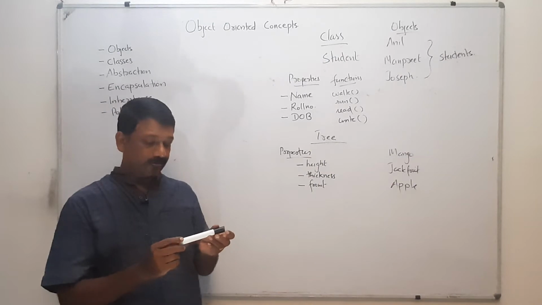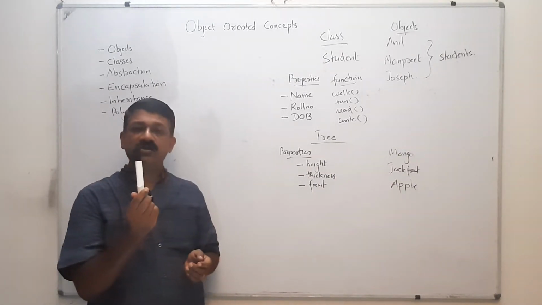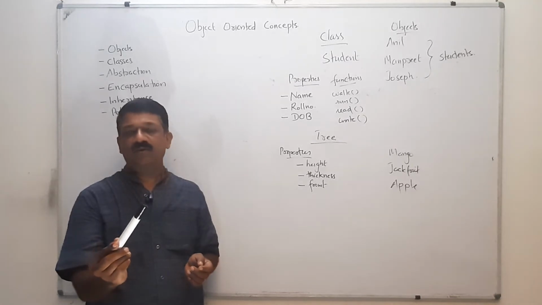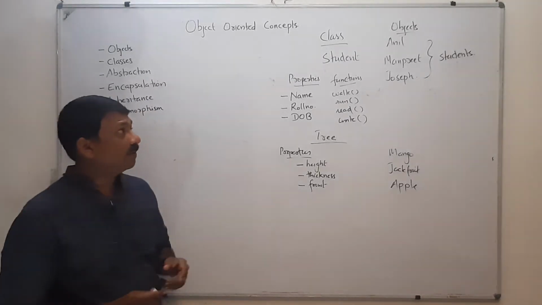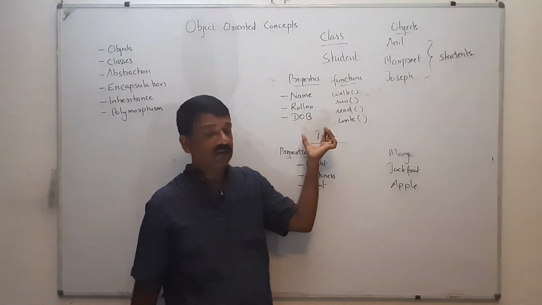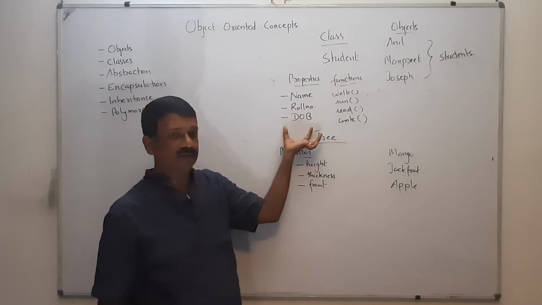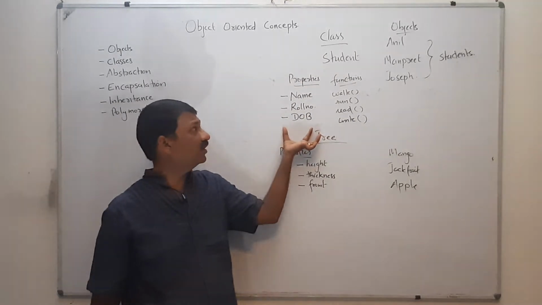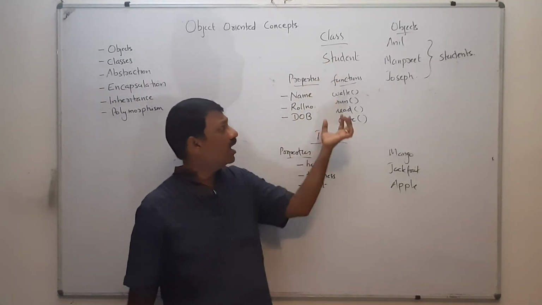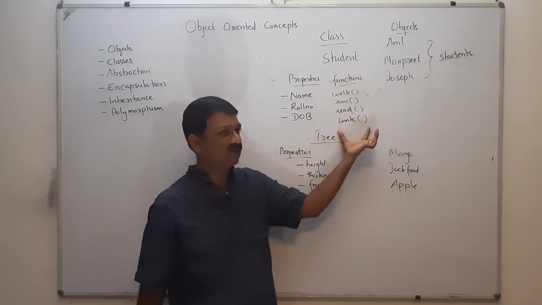It can write. So when we are talking about a class, it has got a class name followed by a set of properties. These are the set of properties associated with this student, and this student can do these functions.